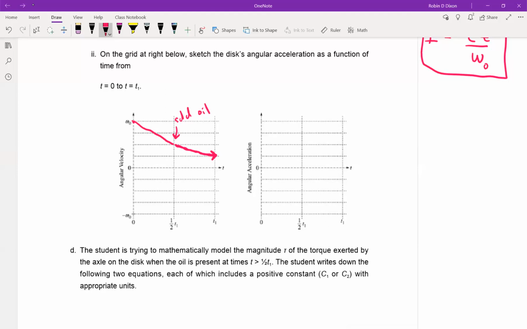All right, so right here we have what's for all intents and purposes a constant slope from here to here. A constant slope, that should be a straight line. But then right here we add oil, and the velocity is still decreasing, but it teeters off, and you see that this line is becoming more and more straight.